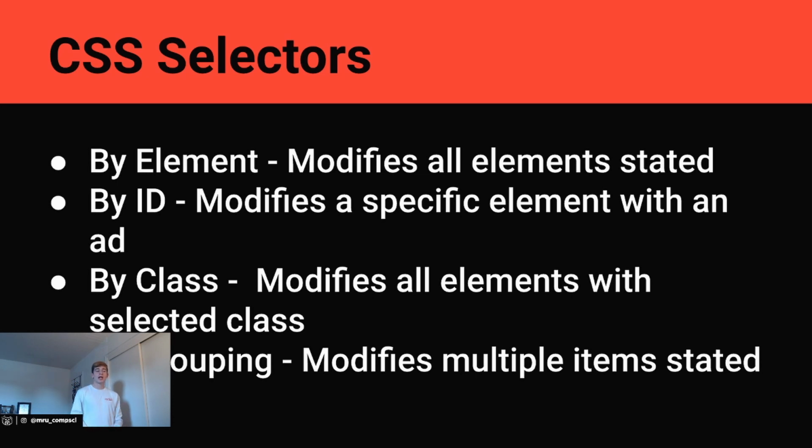By class modifies all elements with the selected class. This allows you to change a bit more than ID because you can use one class in multiple places. And the last one is by grouping, which modifies multiple items stated. So if I want to modify all my headers, I would do h1, h2, h3, h4, h5, and h6.